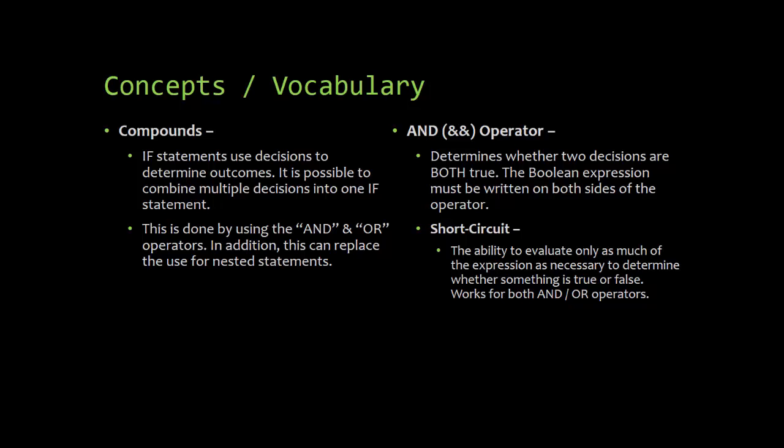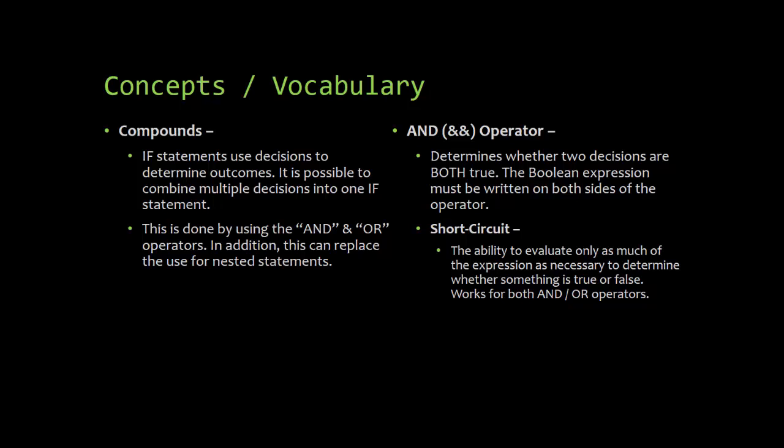You have to include the variable age on both sides of the AND operator. And if you're going to use the AND operator, both of those expressions have to be true in order for the true outcome to occur.